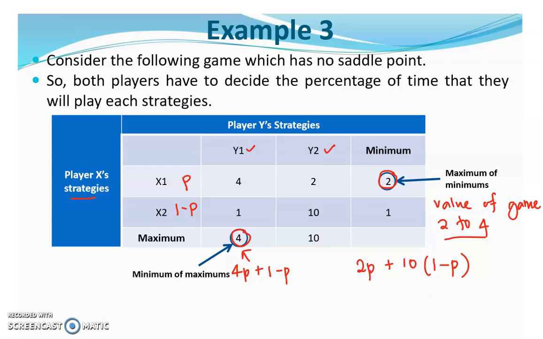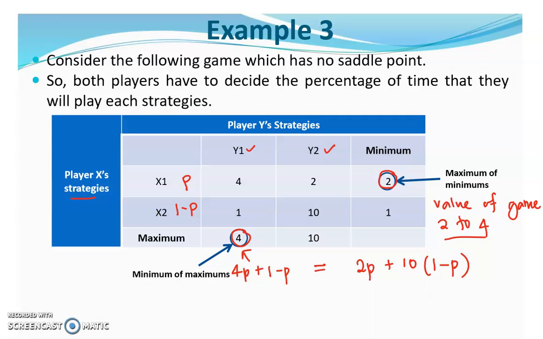In this case, it doesn't matter what strategy is chosen by the opponent, player Y. The expected gain for player X will always be the same. If player Y chooses strategy 1 or strategy 2, the expected gain for player X is always the same.